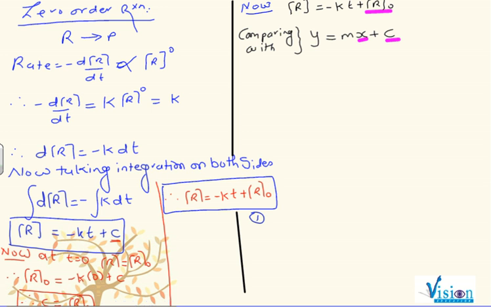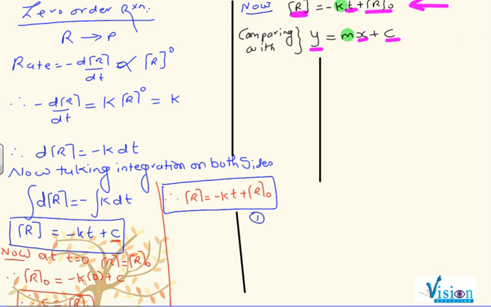Because अगर आप देखो x is variable, then t is also variable, y is variable, R is variable. जो हमारे पास ये वाला इक्वेशन मिला है उसके अंदर there are only two variables, one is R and second is t. Then c represents R0 and m represents k. So if we compare that, then we can plot a graph.